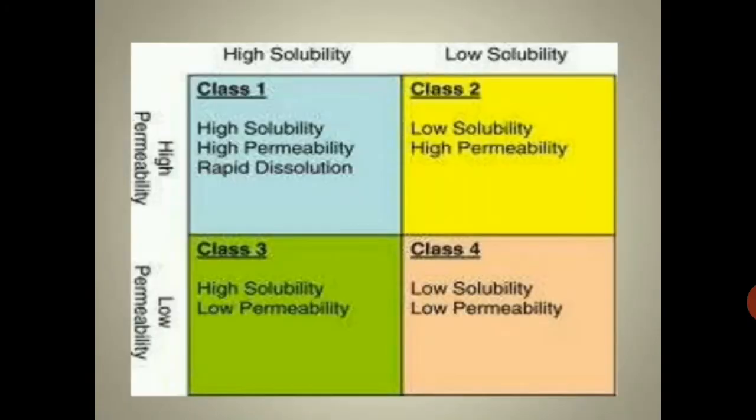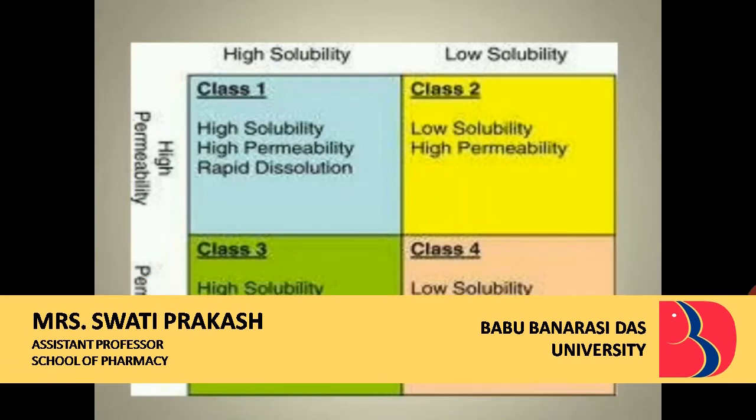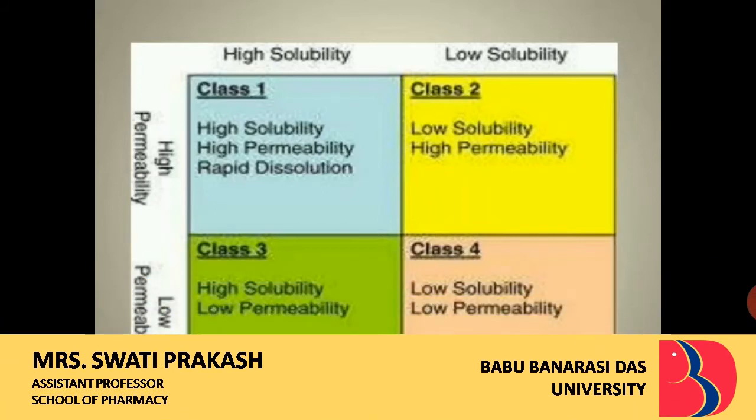Next, the BCS classification. The BCS, the biopharmaceutical classification system, is an experimental model that measures permeability and solubility under prescribed conditions. The original purpose of the system was to aid in the regulation of post-approval changes and generic approvals based solely on in vitro data when appropriate.